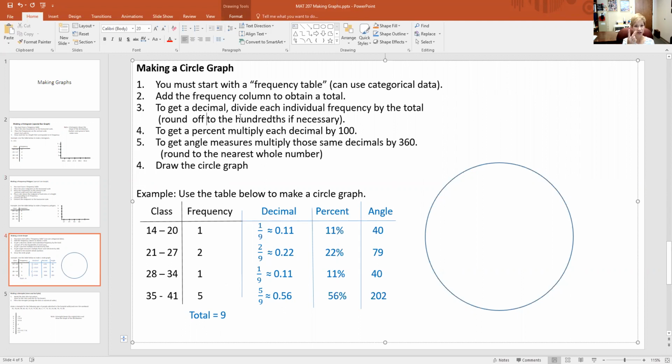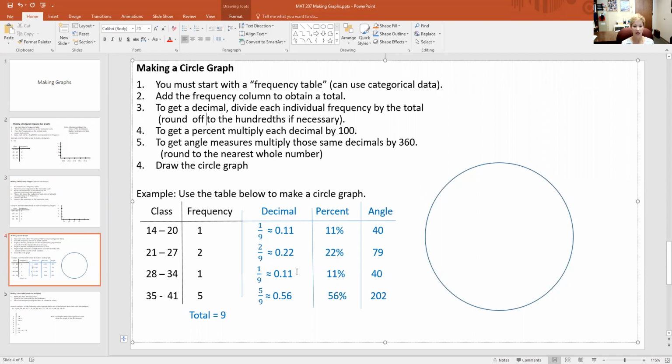Now you're going to do 2 different things with those decimal numbers. You've got to make percents out of them, and you've got to make angles out of them. Now, how do we make percents? To make percents, we take decimals and we multiply by 100. So 0.11 times 100 is 11, so you get 11%. 0.22 times 100 is 22, so I get 22%.